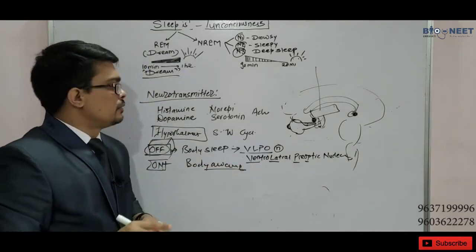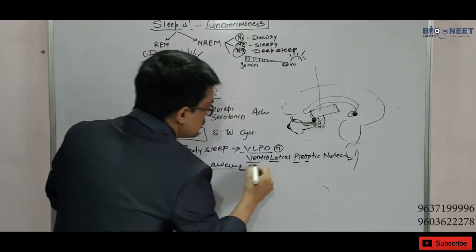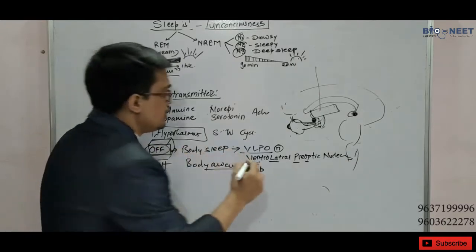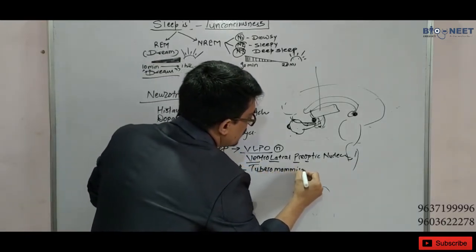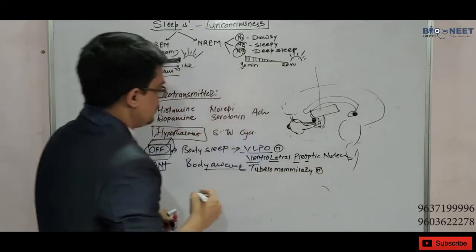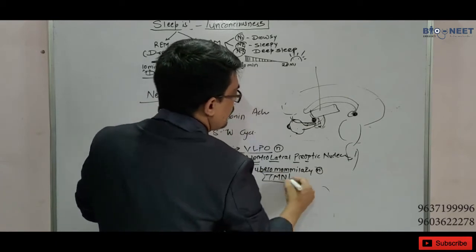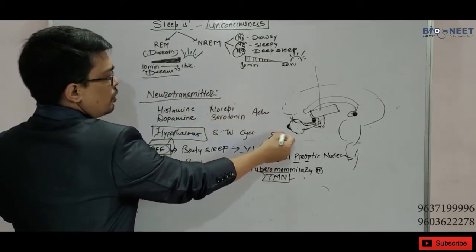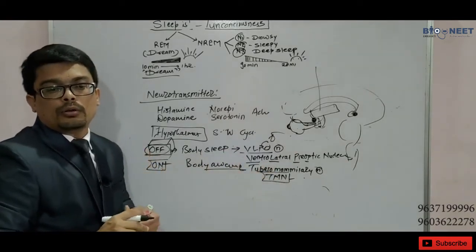Here there is a second center called the tuberomammillary nucleus, TMN. So VLPO is off mode, and the tuberomammillary nucleus is on mode.